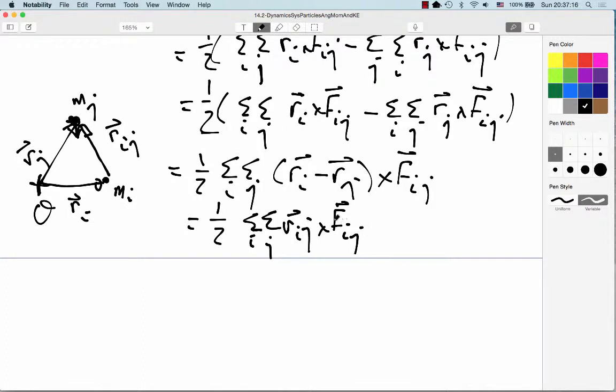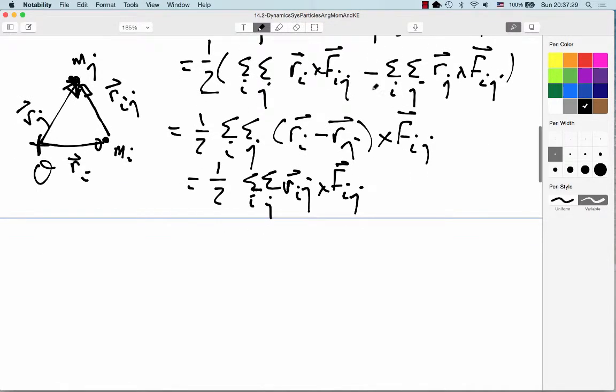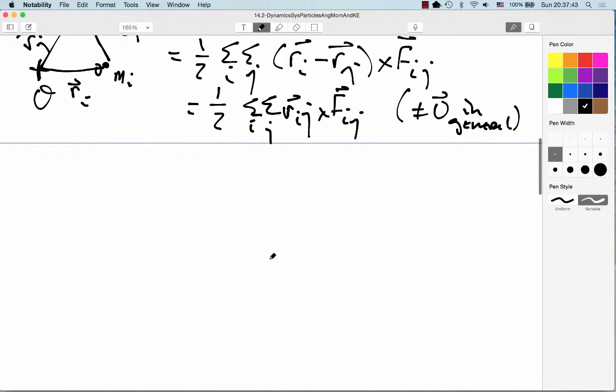But that would mean that r_ij and F_ij are not collinear. So in general, this term is not equal to 0. If you've got magnetic forces or something like that, you may find yourself stuck.